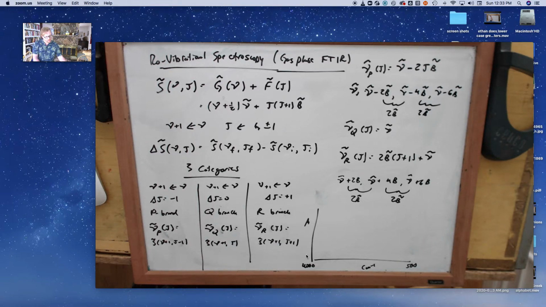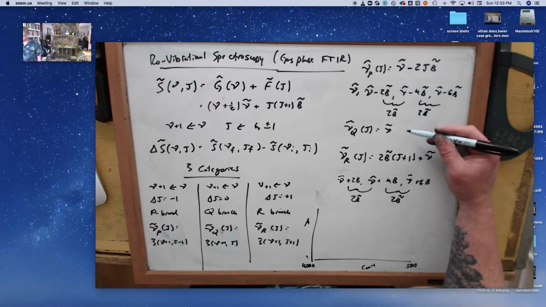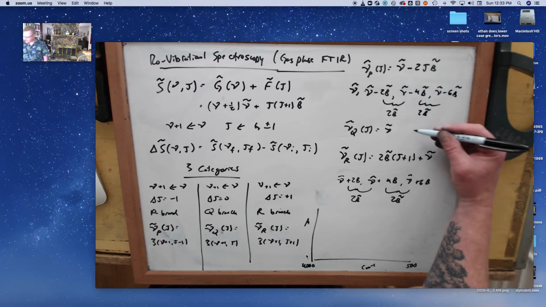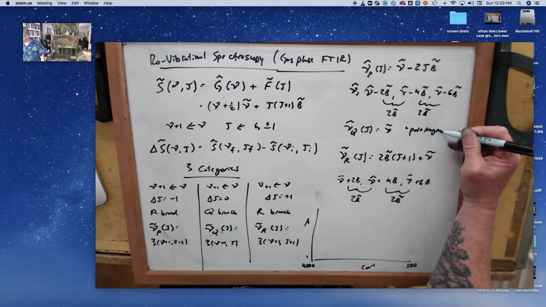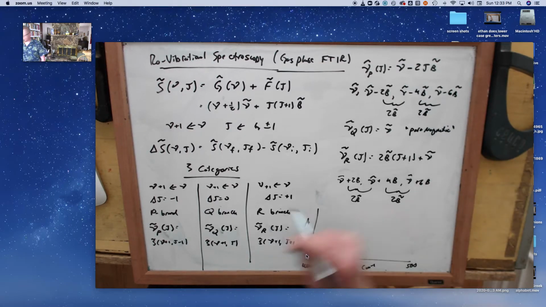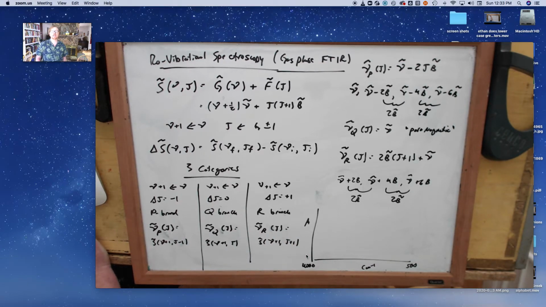The only time you get this as an allowed transition is if a molecule is paramagnetic. Okay? So typically doublets, things that have a doublet electronic spectrum, so an unpaired electron. So things with paired up electrons do not have a Q branch.